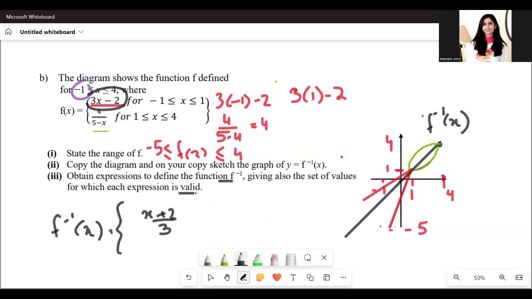And for the other one, it will be y equals 4 over 5 minus x. Swap places of x and y. Then x equals 4 over 5 minus y, so y is 5 minus 4 over x. So 5 minus 4 over x equals f inverse of x.